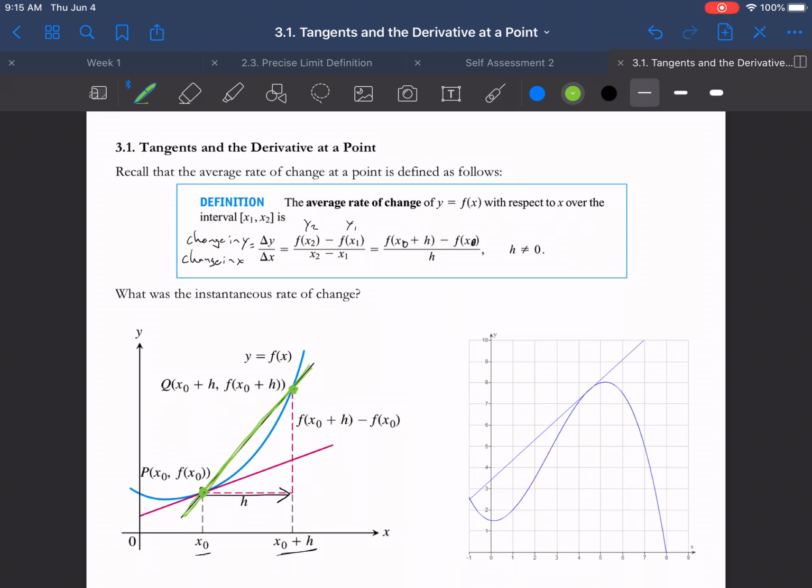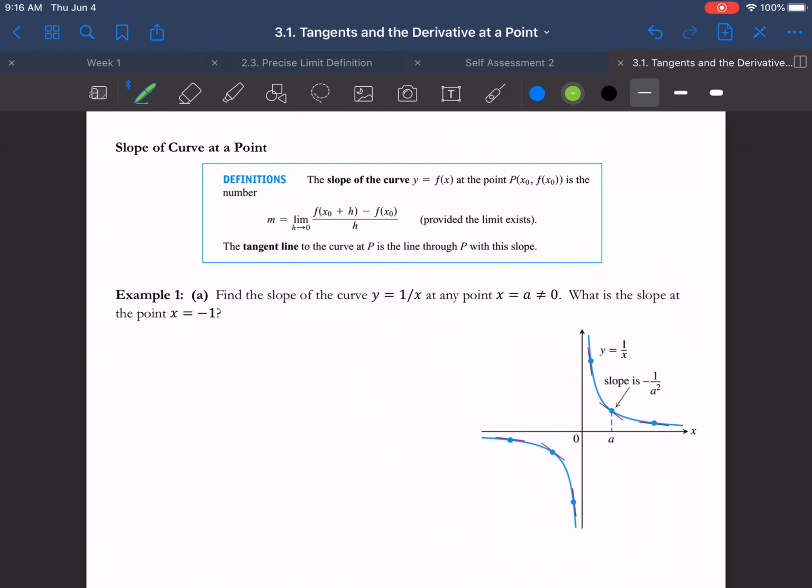If you could somehow draw in every possible tangent line to this curve in between there, and then take the average of all of those tangent lines, it would become the value of the slope of that line between the 2 points. Okay? So a very important idea to remember there.